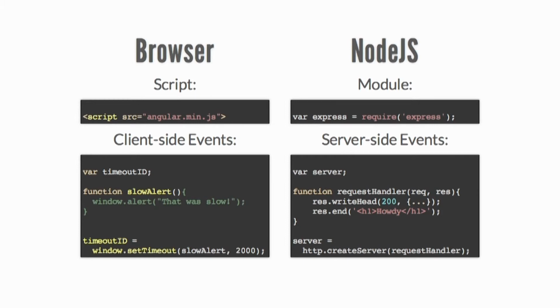The type of events you're going to see on the server are going to be things like once the server is up and running, once the request comes in. These are the kinds of events you're going to listen for, but you're going to see that the boilerplate, the way you deal with these events, is identical across platforms.